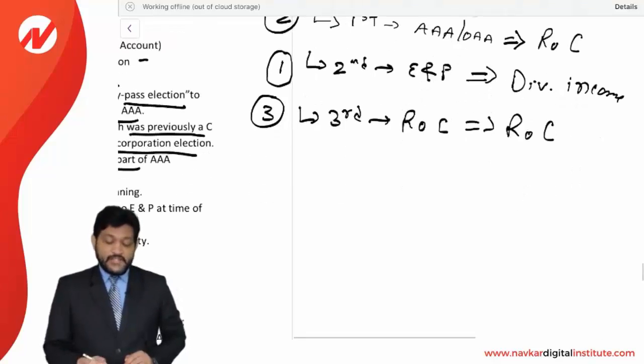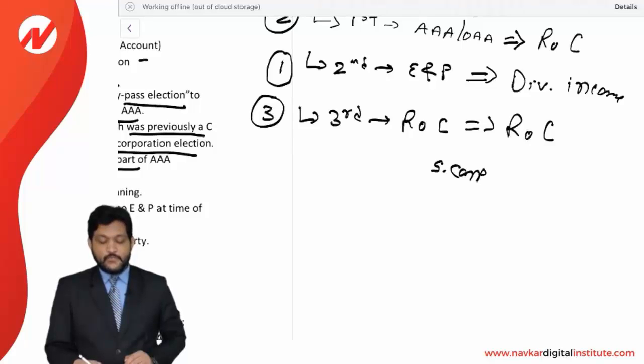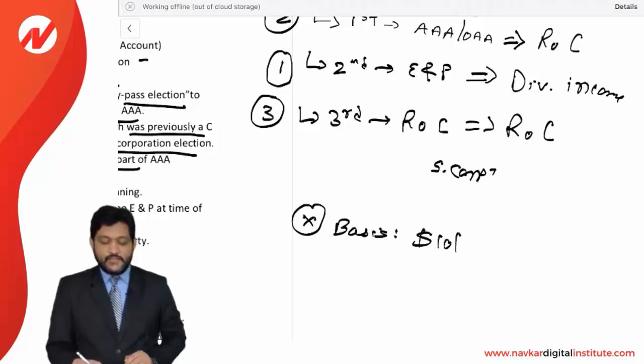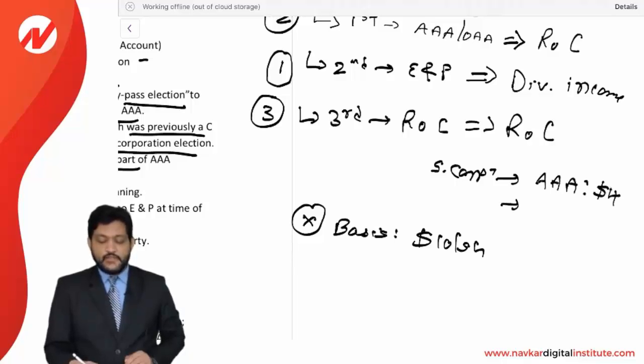Okay, fine. Let us say there is an S corporation. There is a shareholder X whose basis is, let us say, $10 per share. The S corporation has an AAA balance of $4. It is having earning and profit of $3.